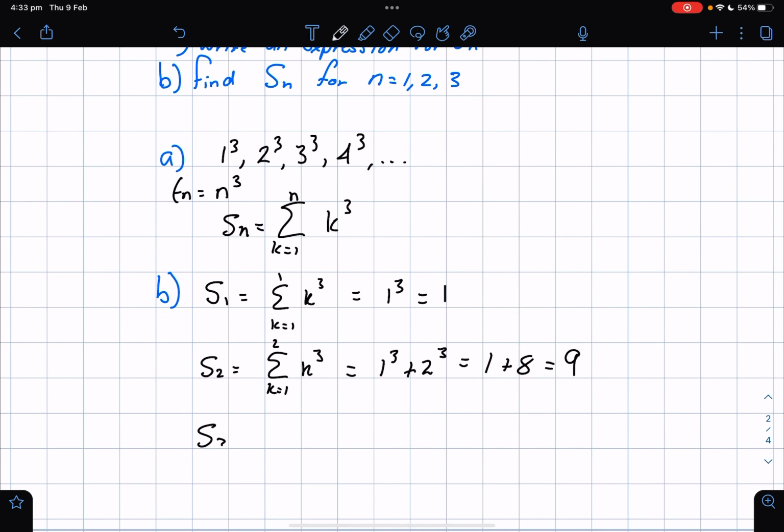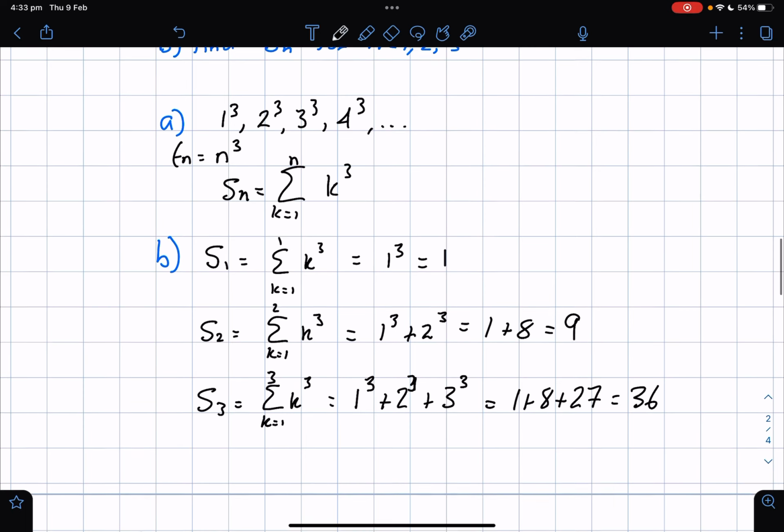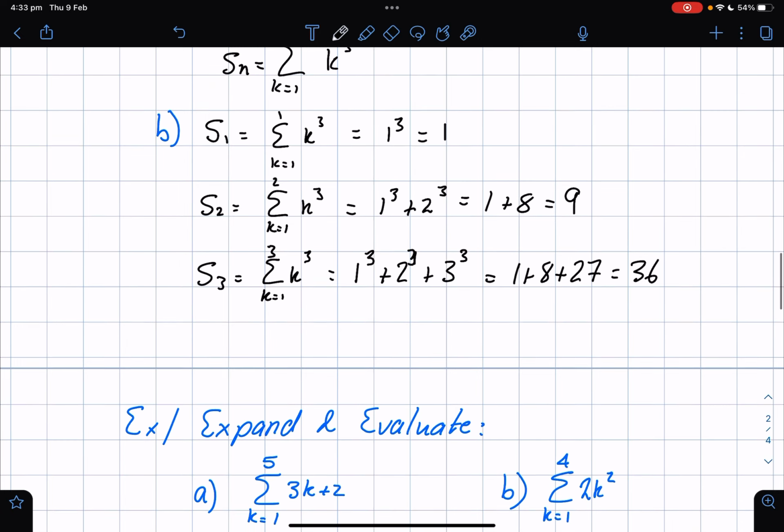And then S3, same thing, k equals 1 up to 3 of k cubed. That's just 1 cubed plus 2 cubed plus 3 cubed. And this is equal to 1 plus 8 plus 27, which is equal to 36. All right, so that's just a bit of practice expanding and using it.